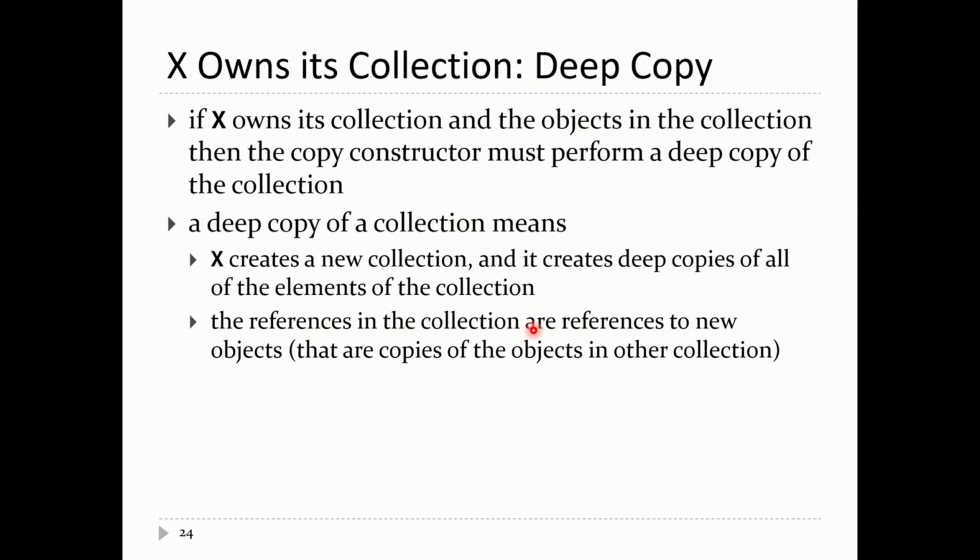So the references in your new collection are now references to new objects. The objects are equal to the objects in the other collection, but they're not the same objects. They're all unique elements, but each pair of elements is equal with respect to the other collection.